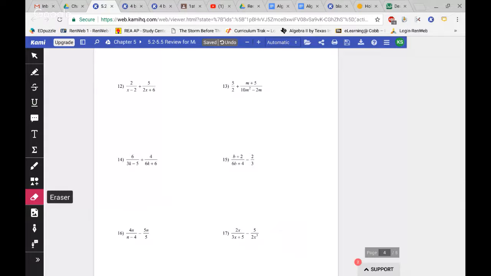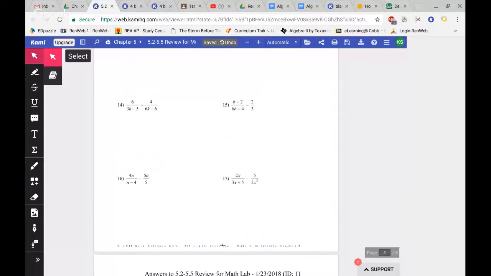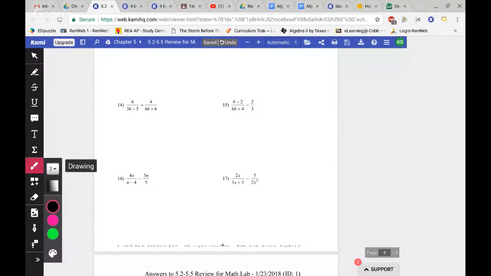Okay, 14, right? Is that where we are? All right. So once again, my quirky little thing of writing the extra long line to make sure I've got room. I know that I can't factor anything out of that one.